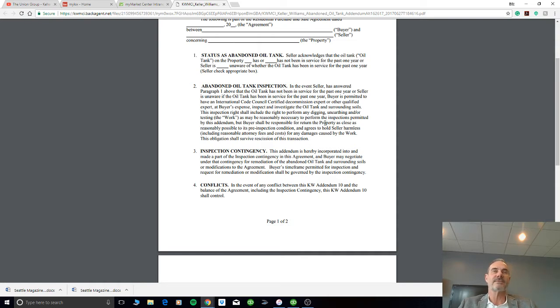Because when you sell that house, you're going to have to provide that same document to the next buyer, and it's going to be passed down from buyer to buyer forever, as long as that oil tank's sitting on that property, to show that it's been decommissioned. That way you know it's okay because it's been drained, it's been washed, it probably has some fill in it, and now you don't have to worry about it leaking on the property someday. People don't dig down and remove oil tanks because it would create a gigantic hole in the yard. So it's very important that you always remind them.